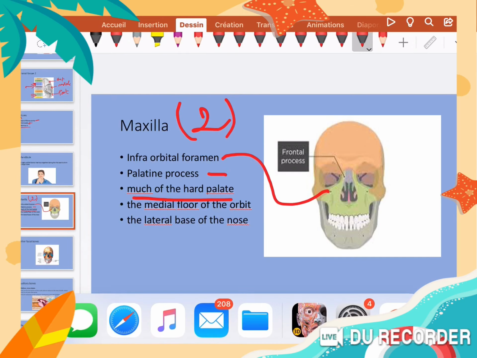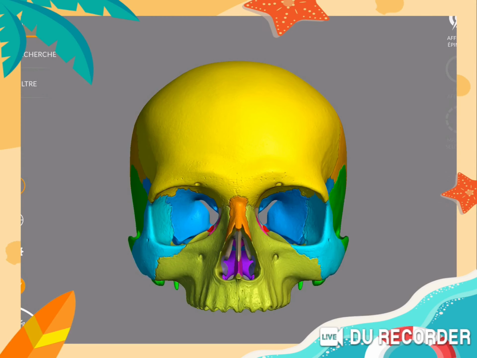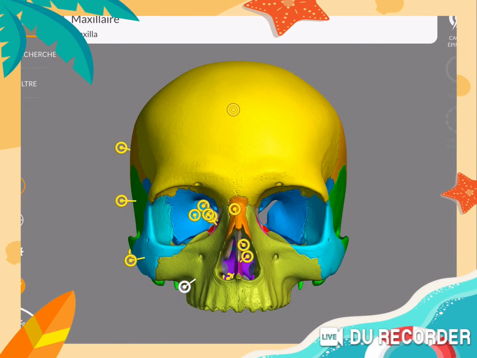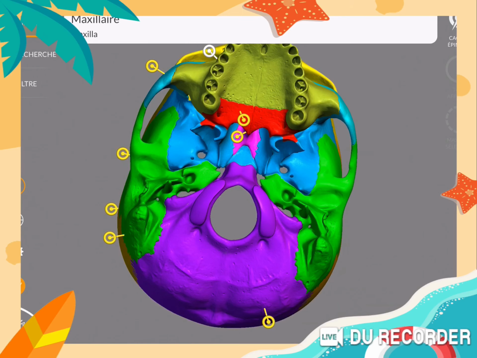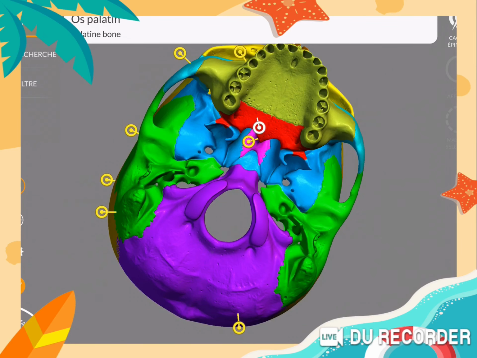Okay, if we see here, this is the maxilla, and here we see the palatal bone. Superior to this palatal bone in green, this is the hard palate formed by the palatal process of the maxilla. Okay, in green is the palatal process, and this palatal process forms the hard palate, the upper palate.